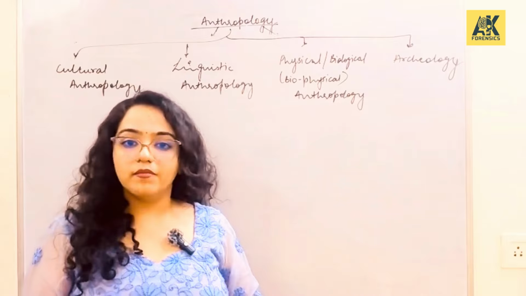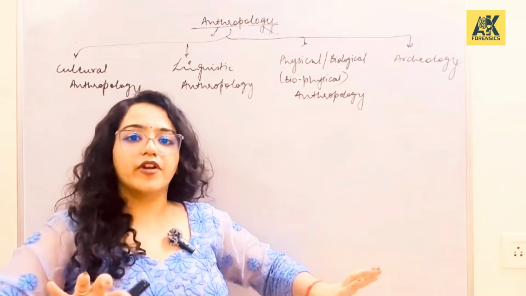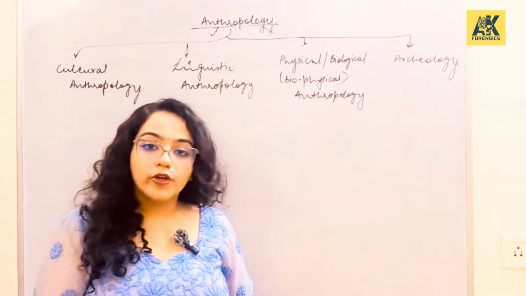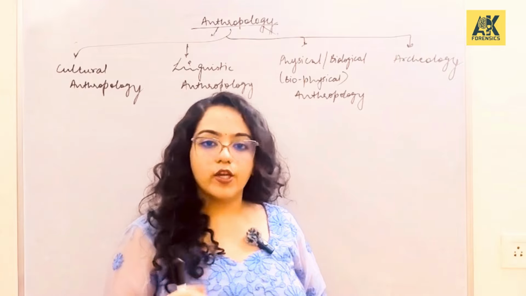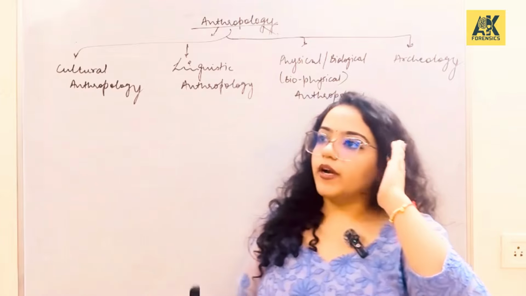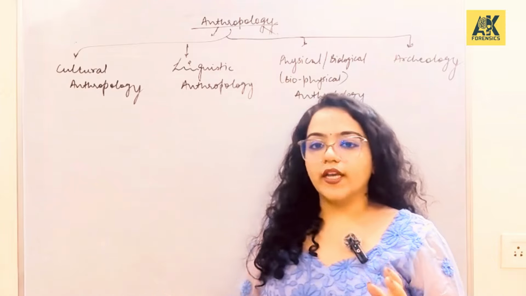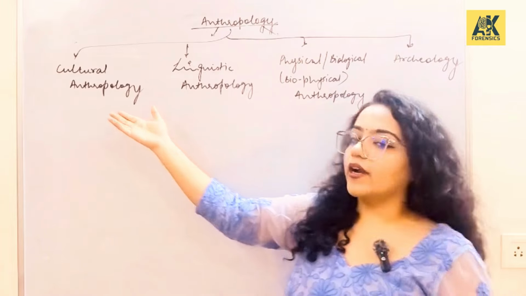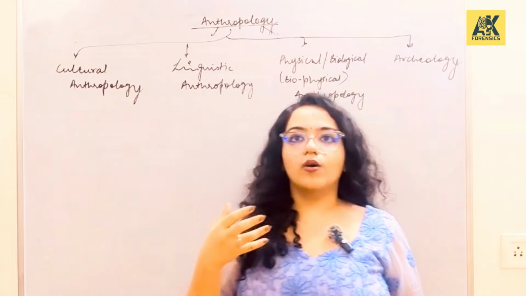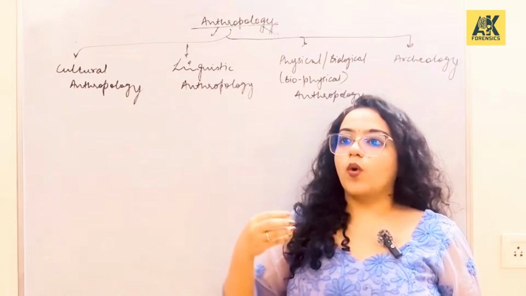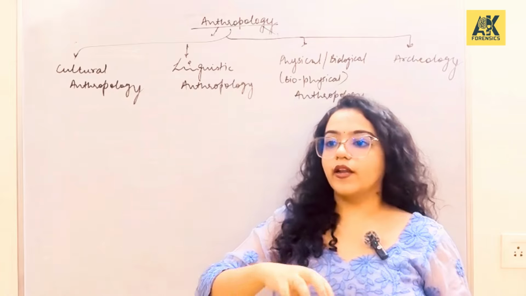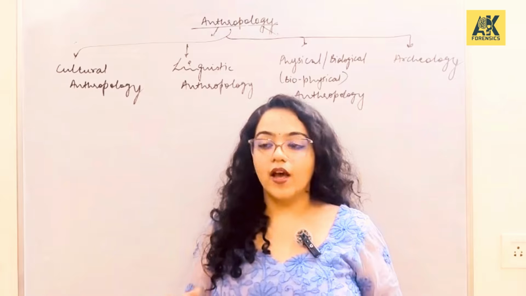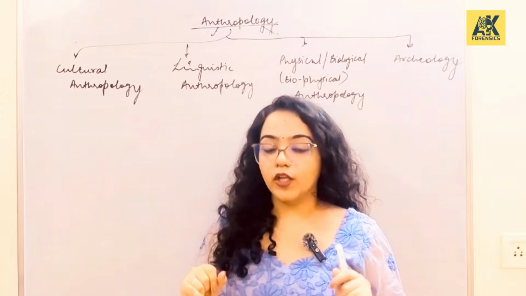But keep this in mind, these 4 branches are not very different or very well segregated from each other. So if you go into a community as an emic or etic, I will explain what an emic or an etic is. If you go to a certain part of the world, and you understand what their culture is, how the upbringing of the children is done, how they eat, their way of preparing meals, their mode of communication, how good they are with non-verbal cues, right?